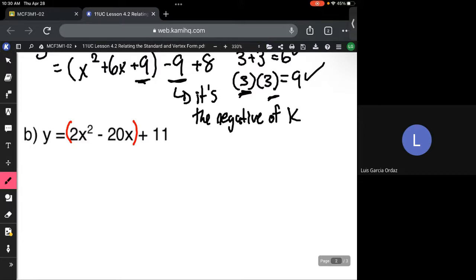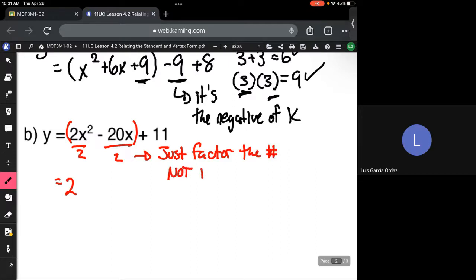We're just focusing on the number, not the variable. Just factor the number, not the variable. No double brackets.